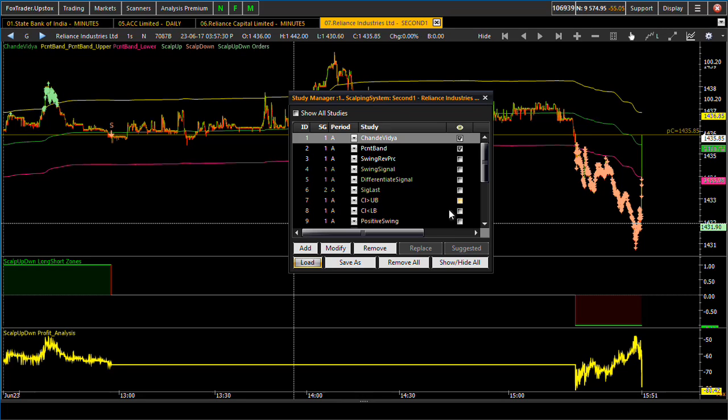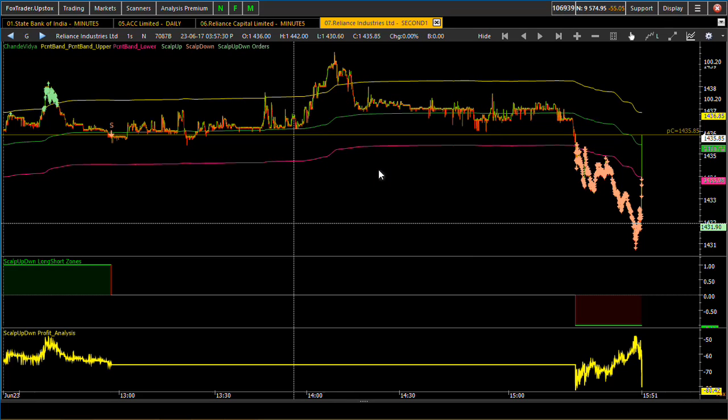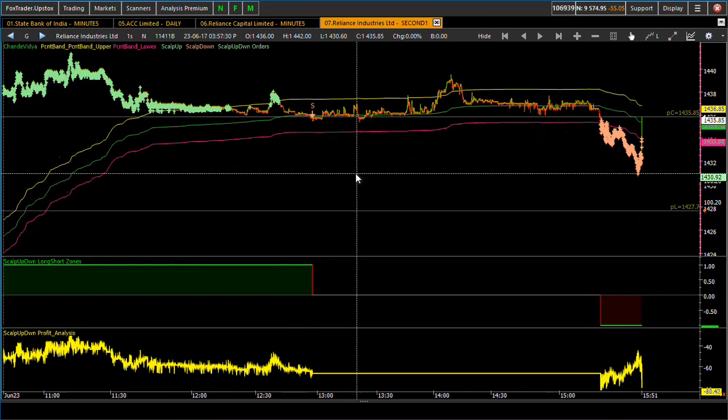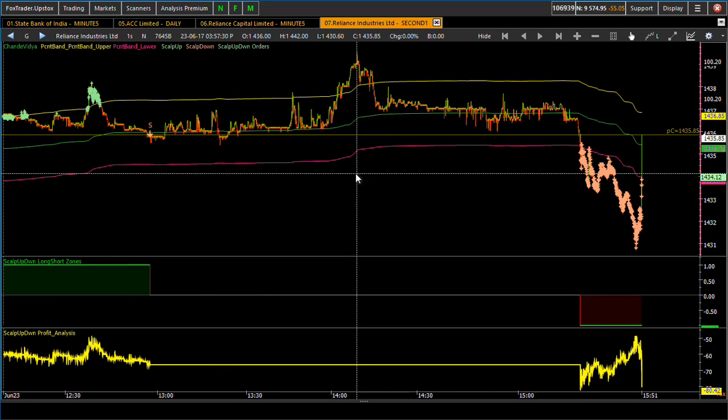Okay, so I have the scalping strategy out here. In this scalping strategy, normally people trade only the trend, and that too for a very short time. So they will take a confirmation of a trend by some indicator, and when it breaks up on the upper side they will go long, and when it breaks down on the lower side they will go short, right?